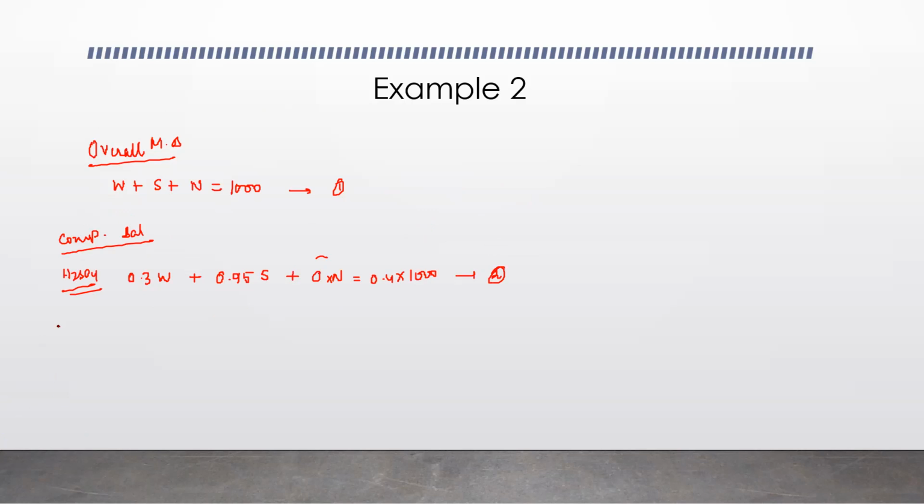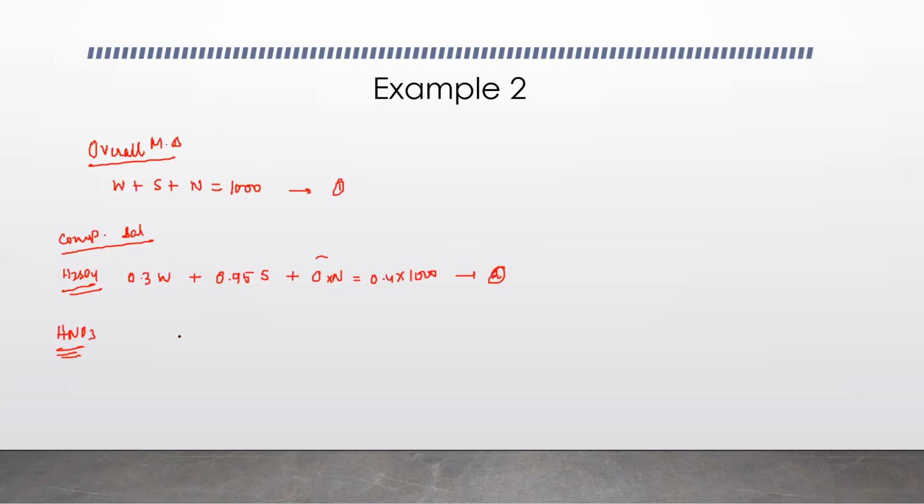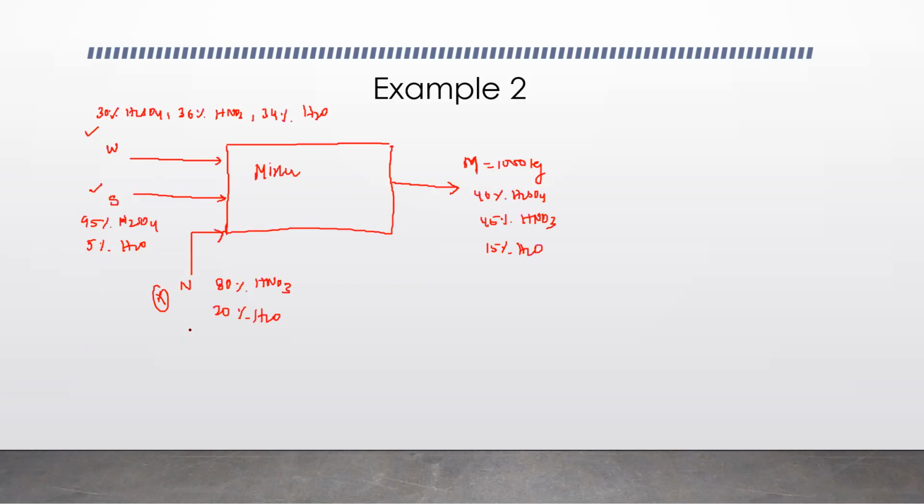And then I'm going to form an equation for nitric acid. So I'm going to balance nitric acid. So you have 36% nitric acid in waste acid, so 0.36 W. Then in sulfuric acid, you don't have nitric acid at all.